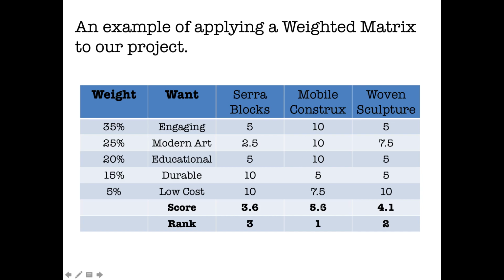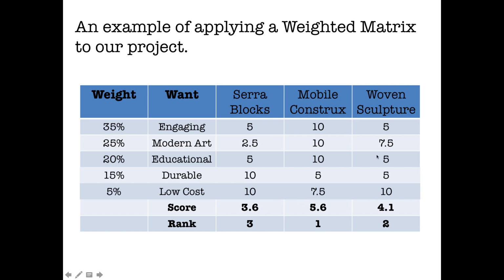Then you're looking at the numbers, right? Mobile Constructs comes out at 5.6. Next in line is Woven Sculpture, and then Sarah Blocks. So I've got 1, 2, 3. When you're talking about rankings here, whether it's the Pew matrix or the weighted matrix, it's really important not to talk about this score, but to talk about relative performance. So first, second, third place, not my score was 5.6, 4.1, and 3.6, right?